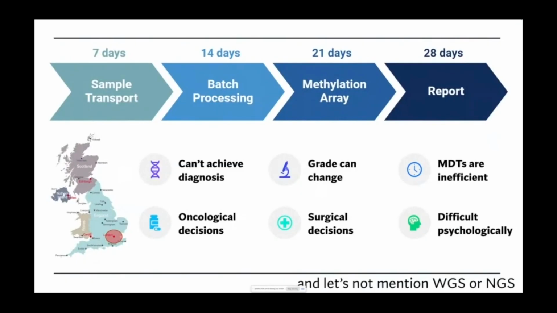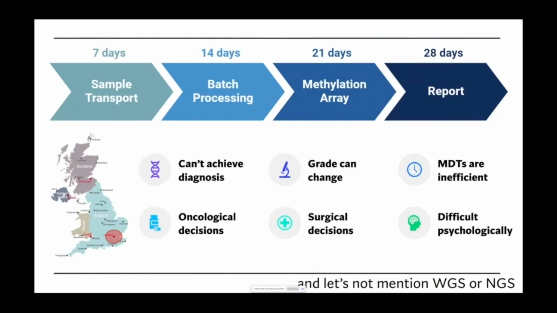And I can only comment on what we have in the UK. In the UK, there are distributed centres that can provide various aspects of the testing, but typically they are not where we are. So in Nottingham, we don't have a local array facility, and so samples are sent to London.